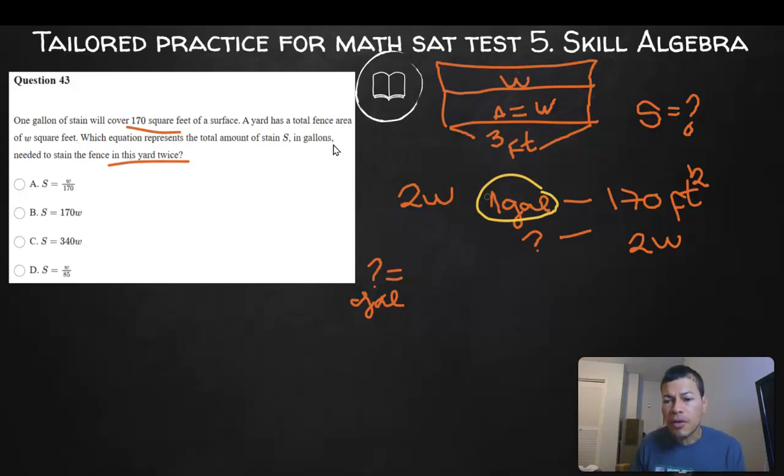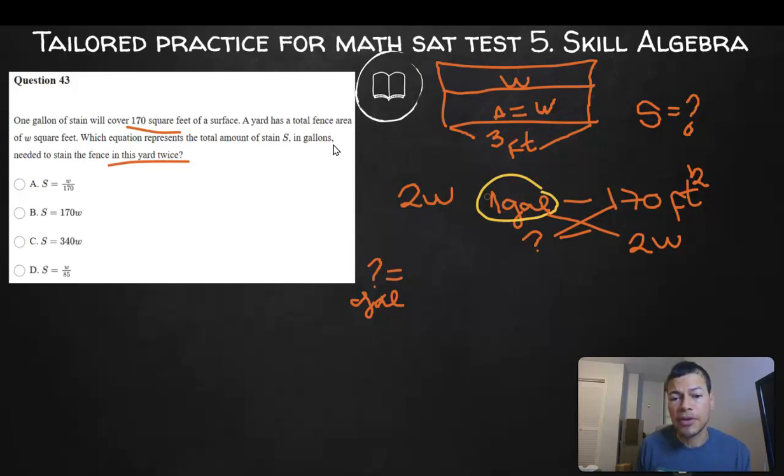Now I'm going to multiply the 2W times 1 gallon, and I'm going to divide it by 170. When you are doing a proportionality rule, you multiply in X, okay? And then your question mark goes on the left of the equal sign. This is going to be my numerator, the 2 amounts that I know.